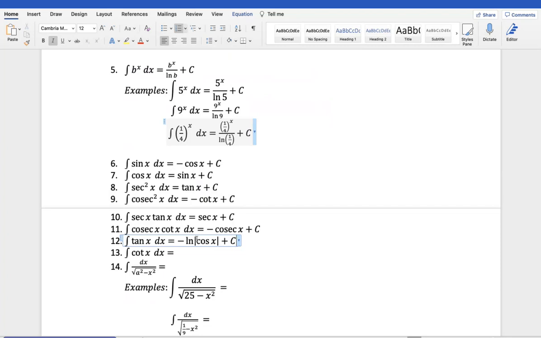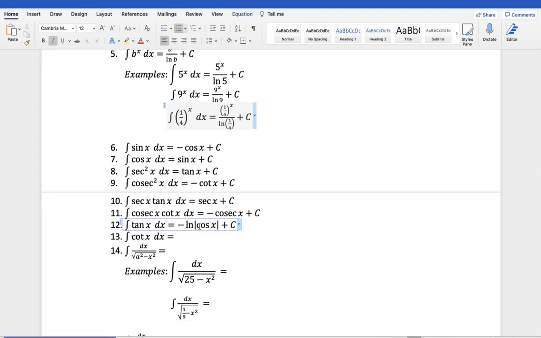So by including the absolute value, we eliminate the chance of ever having a negative under the ln. And so the integral of cot of x is also similarly equal to just ln of the absolute value of sine x plus our constant of integration c.